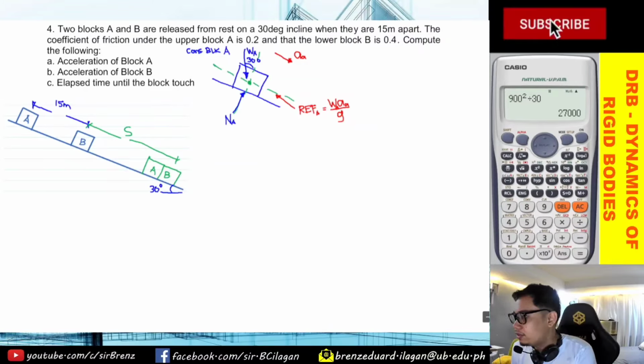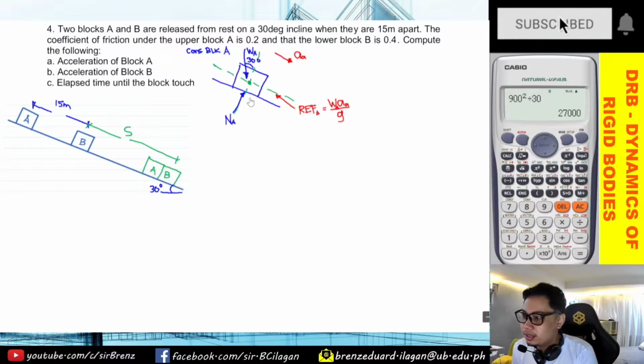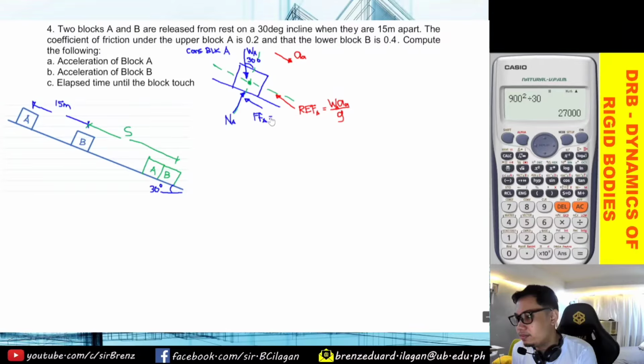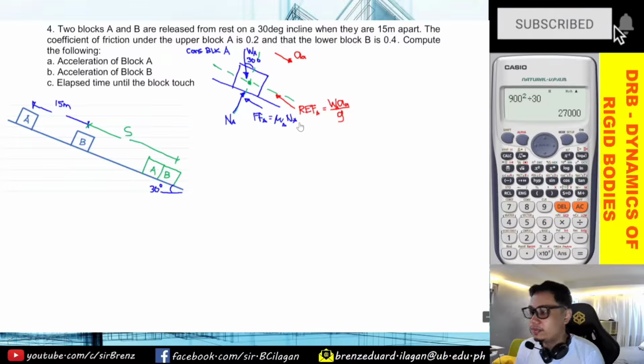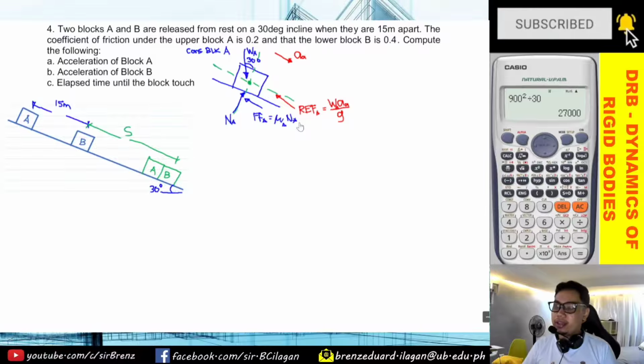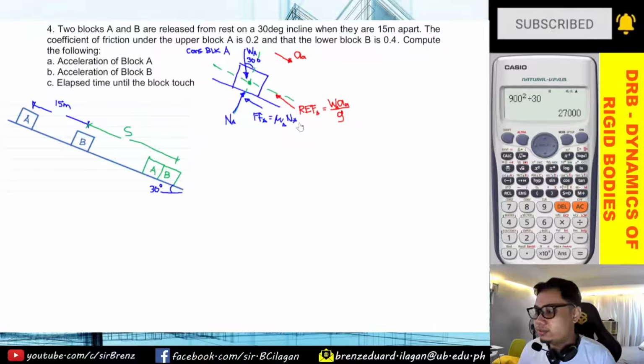Don't forget also that we have the frictional force, since the coefficient of friction is given. It is in the same direction as the REF. So the frictional force of block A is mu times NA. I think we can now solve the unknowns in block A.